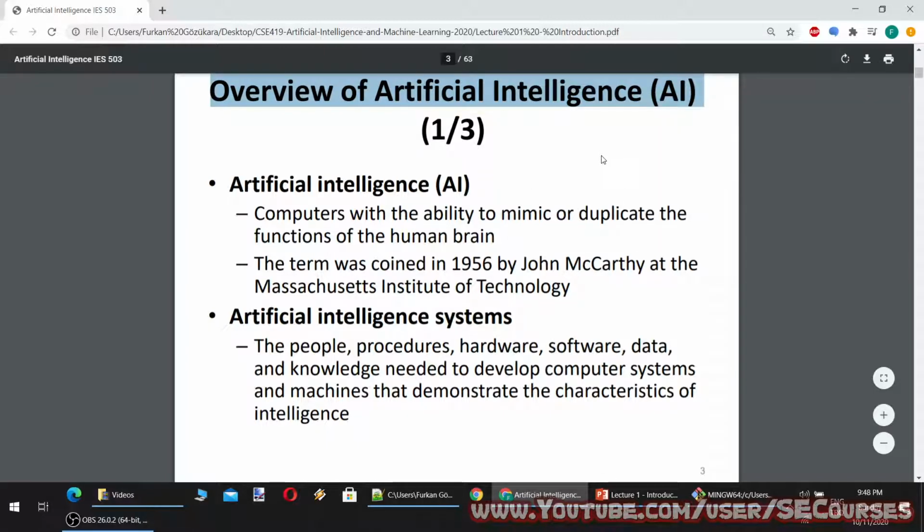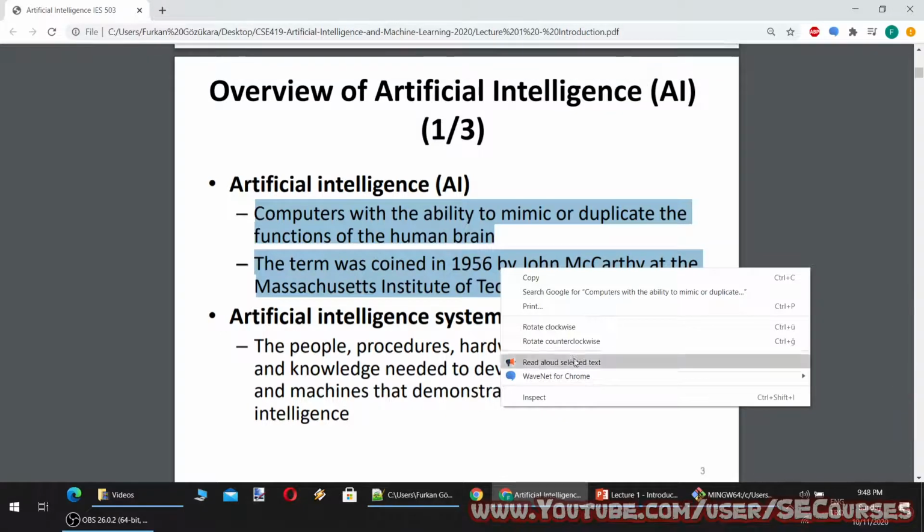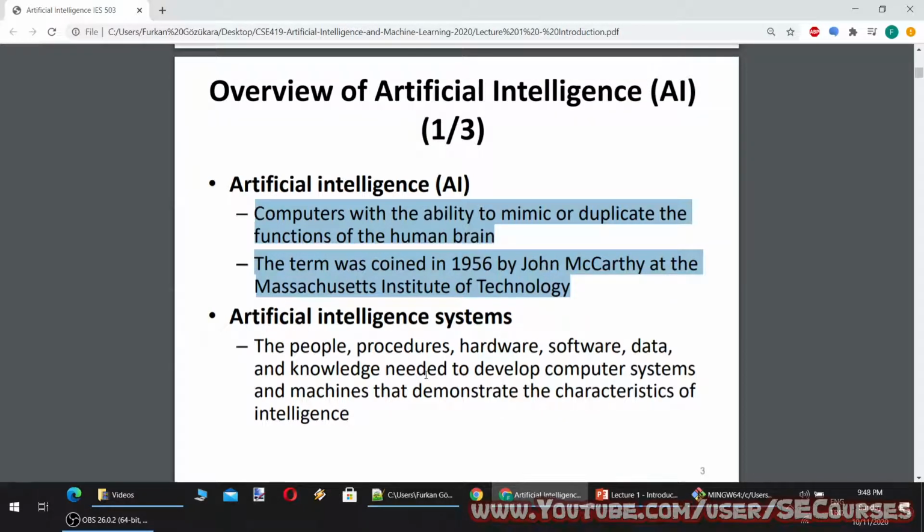Overview of artificial intelligence, AI. Computers with the ability to mimic or duplicate the functions of the human brain. The term was coined in 1956 by John McCarthy at the Massachusetts Institute of Technology. So, the term artificial intelligence was invented in 1956.